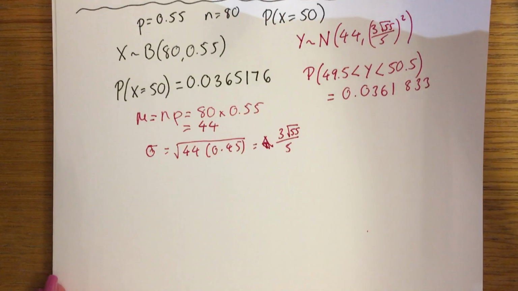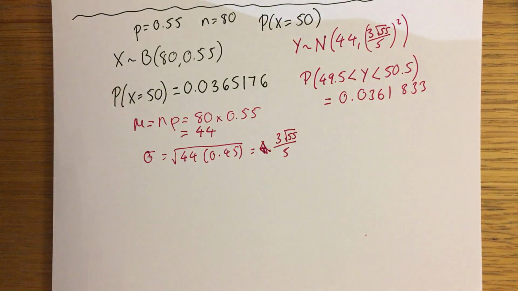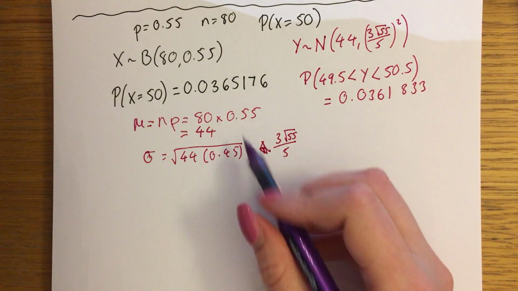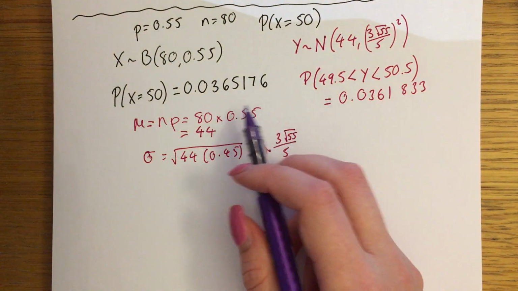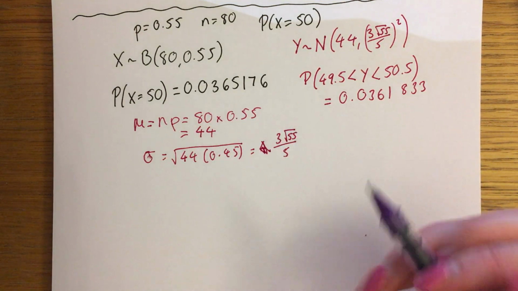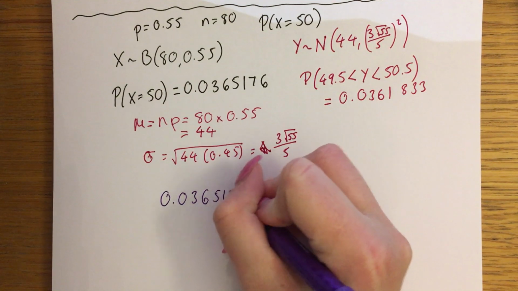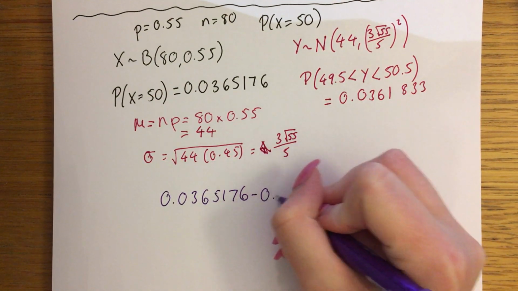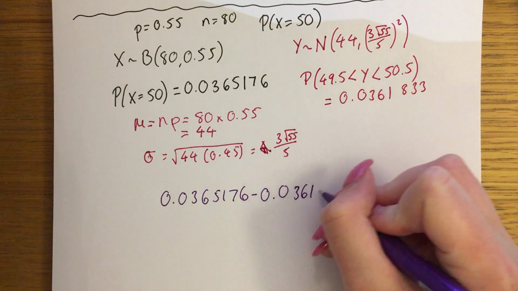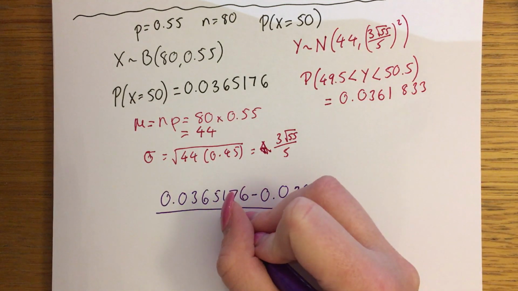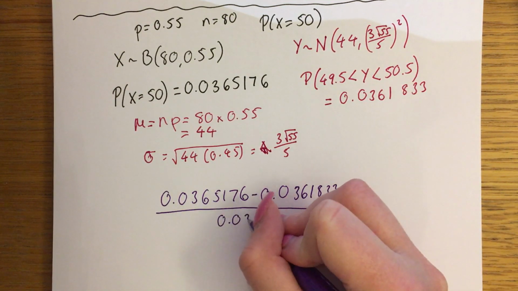So to calculate percentage error, I need to find the difference between the exact value and the approximate value. So obviously difference meaning subtract, and divide it by the original or the exact value.